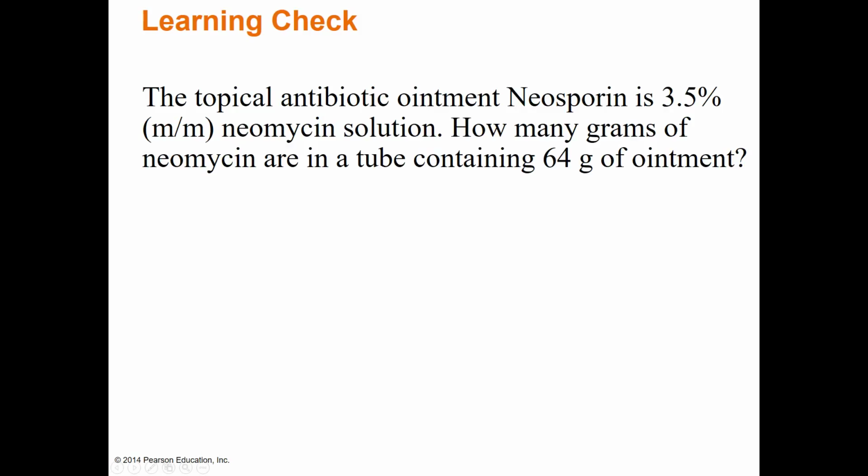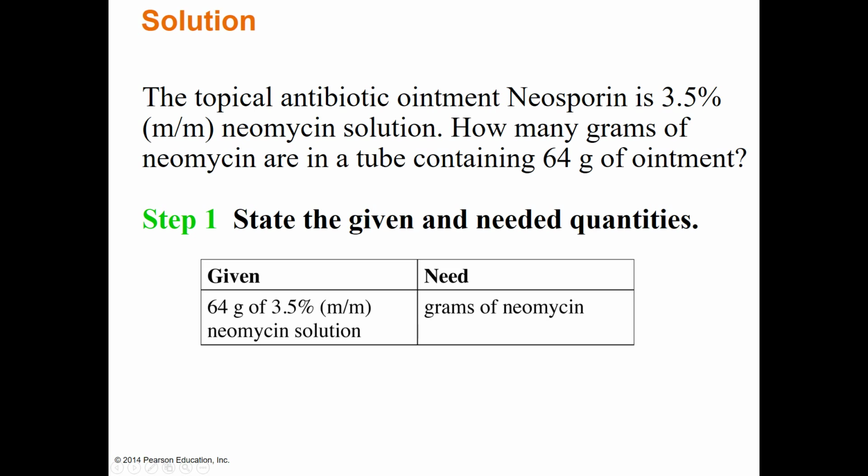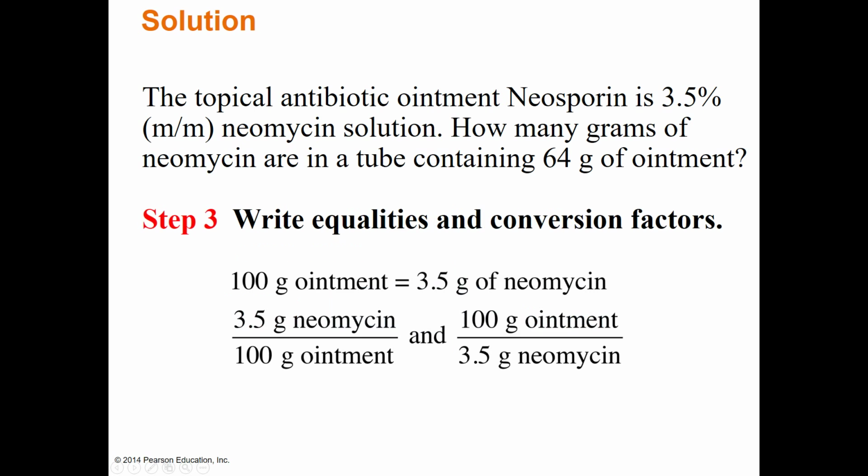So 3.5, it's mass over mass, so 3.5 grams out of 100 grams is what? Neomycin, right? 3.5 grams of neomycin in 100 grams of ointment. This is the conversion factor. This is the information that you can get from the 3.5% m over m neomycin solution.